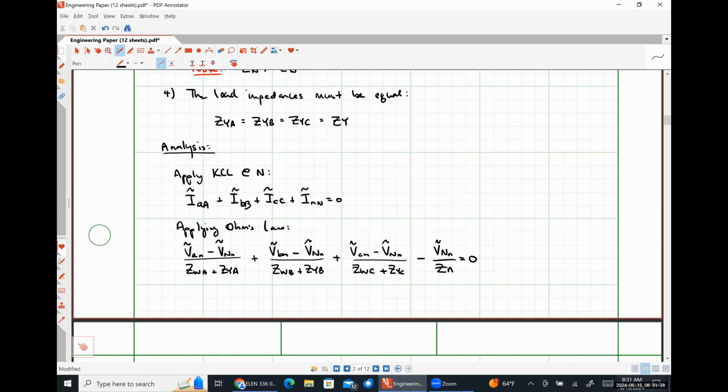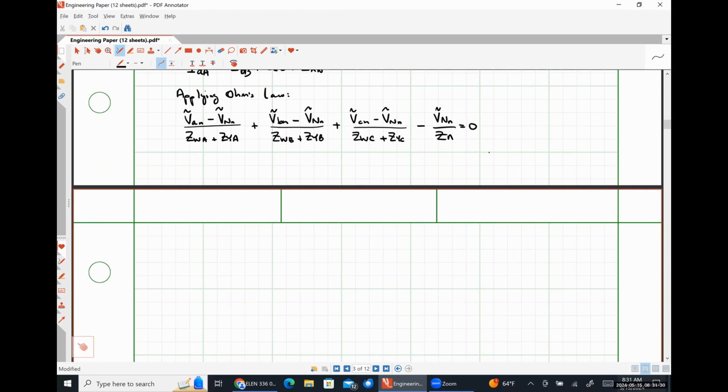So let's now say if ZWA is equal to ZWB is equal to ZWC is what we're going to call Z wire, and ZYA is equal to ZYB is equal to ZYC is equal to just a Y connected impedance.